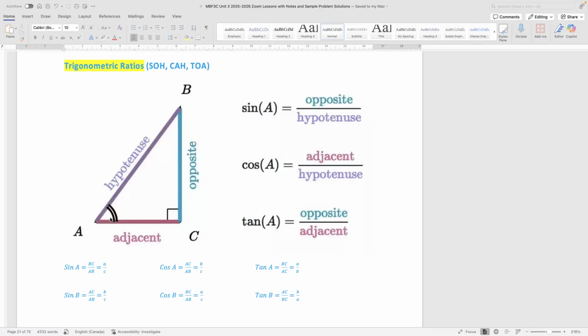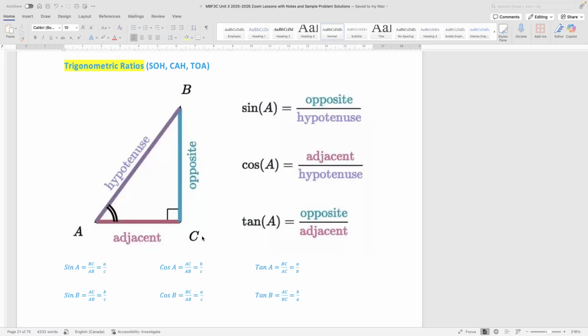So, for example, if we had 30 degrees, 60 degrees, 90 degrees, and remember in a triangle, all three angles add up to 180 degrees. If we make it bigger, the angles will still be 30, 60, and 90, but the length of the sides will be different. But if you take the ratios and do the division, you get the same number. So we'll look at some examples of how that works a little bit later.